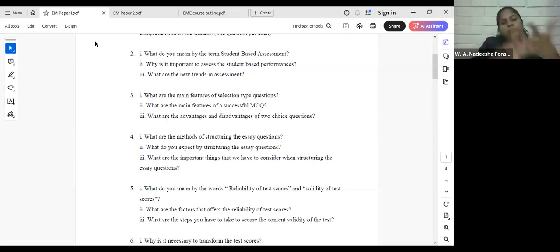It means knowledge, application, comprehension, like that. In essay questions, most probably we measure the students' comprehension and application. If we go for a specification table, it's also okay. It might be a small specification table. We can construct a small one.